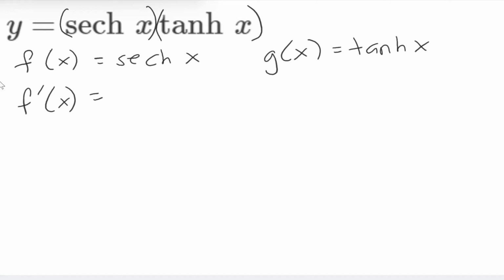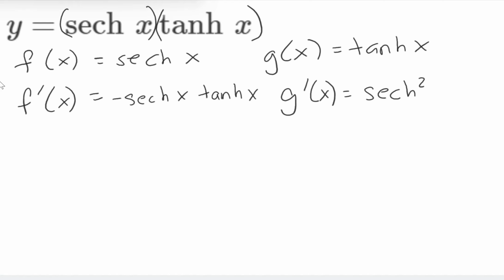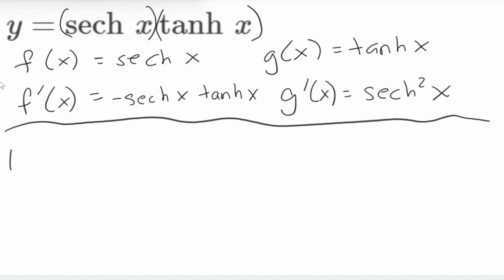All right, so the derivative of hypersecant is negative hypersecant hypertangent. And the derivative of tangent is hypersecant squared x. So now remember, it is the derivative of the first.